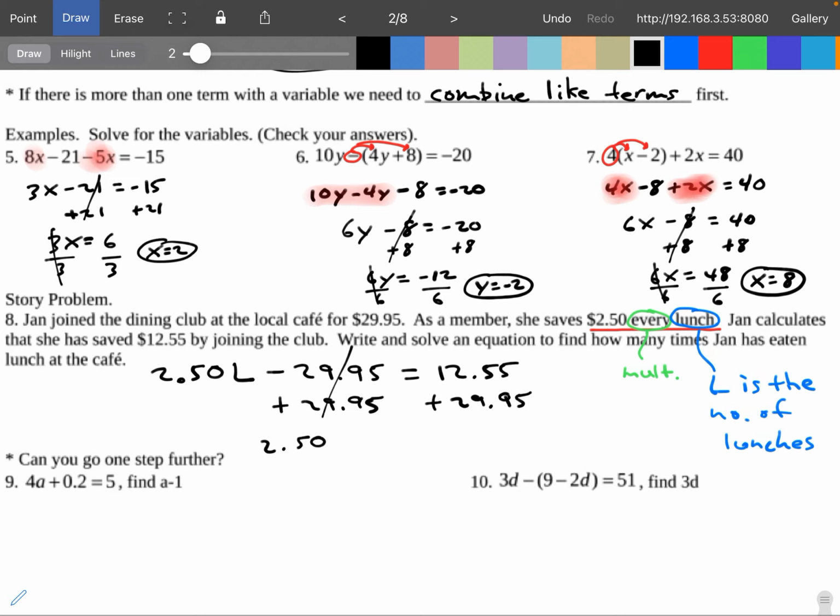All right, these are going to cancel out and make 0. So then we've got $2.50 times L equals, let's see, what's that? That is $42.50. 29, so that'd be 31, 41. Yeah, 42. Okay, so how do we finish solving for L?